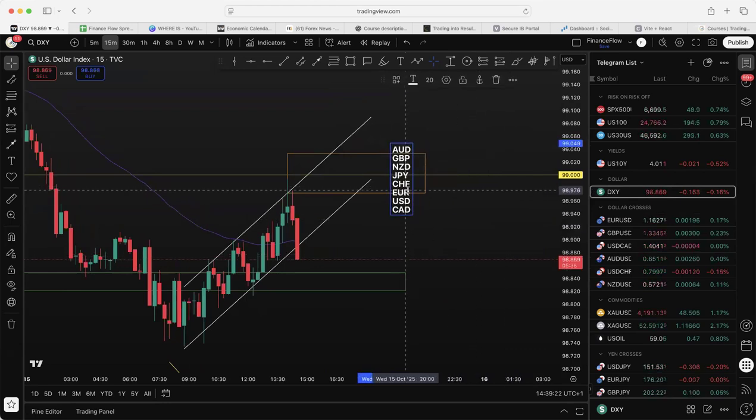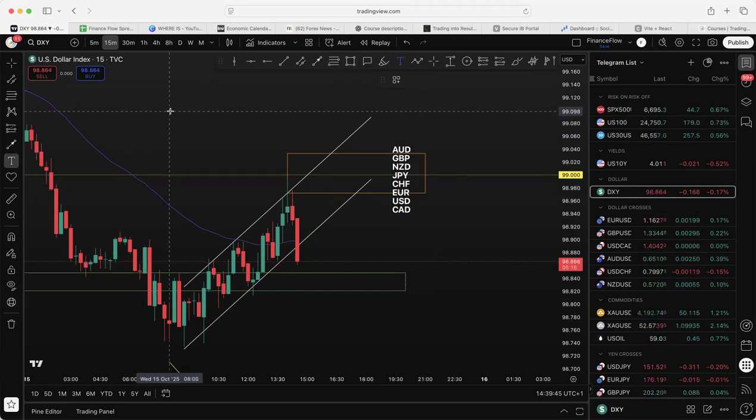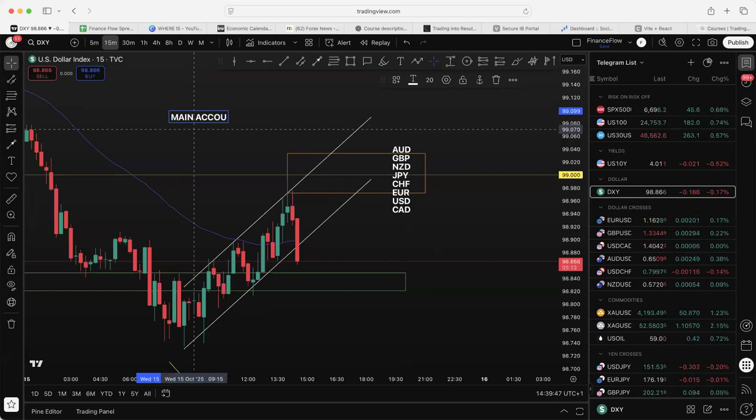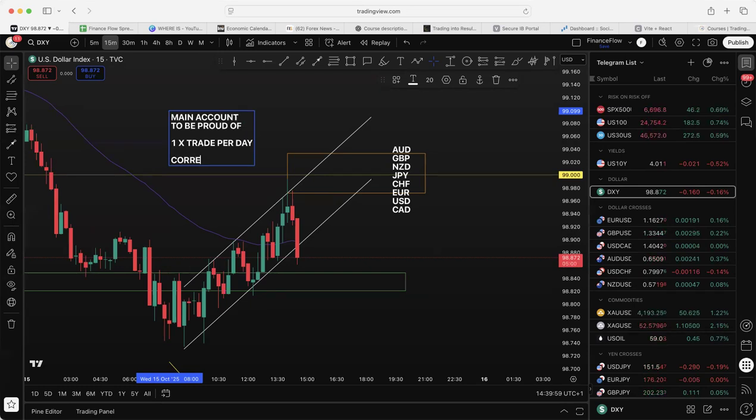The more I'm speaking to you guys, if you want to start trading on your own and you want to be profitable, I know it sounds very, very boring, but try and focus on one trade a day. Or if you really want to, split your accounts up. If you have your main account to be proud of, you do one trade per day, correct risk, everything right.